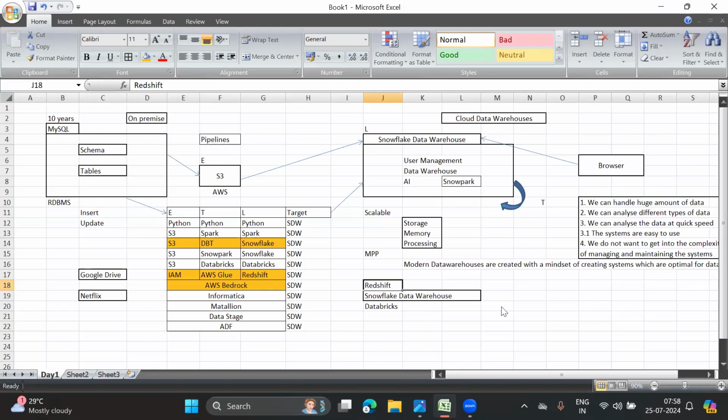We have something called search optimization services, and clustering of the data, which will enhance your experience as well. On top of that, all the features which are already there in the market are also provided in Snowflake.